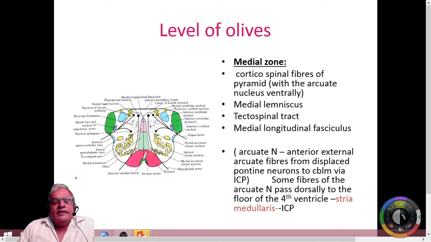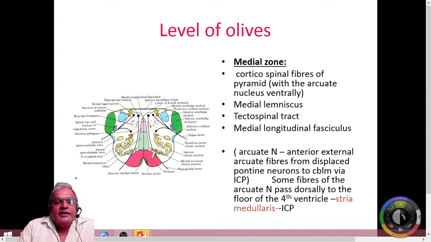The arcuate nuclei are supposed to be displaced pontine nuclei, which take the fibers, posterior external arcuate fibers or anterior external arcuate fibers, to the cerebellum. It is supposed to be displaced pontine nuclei.